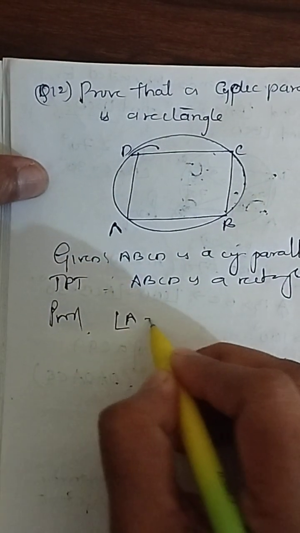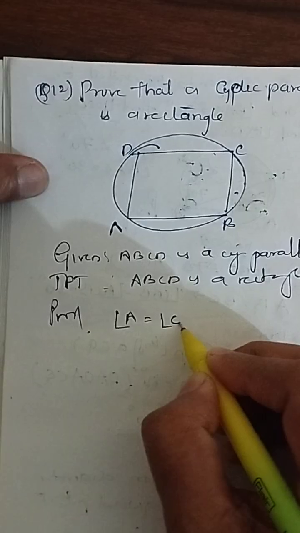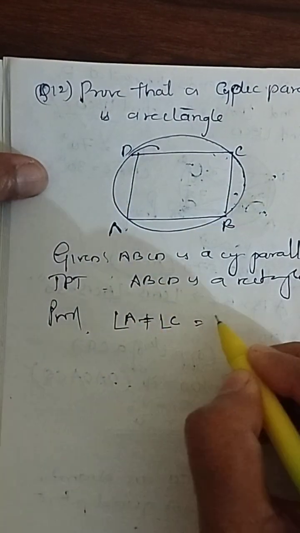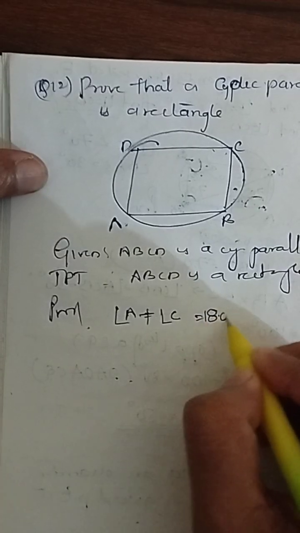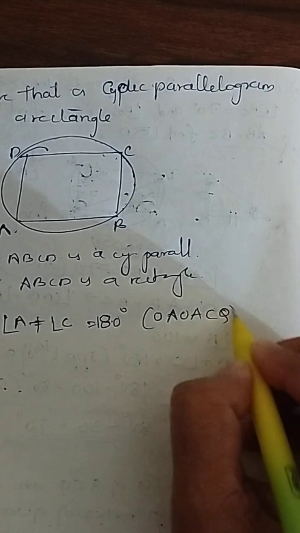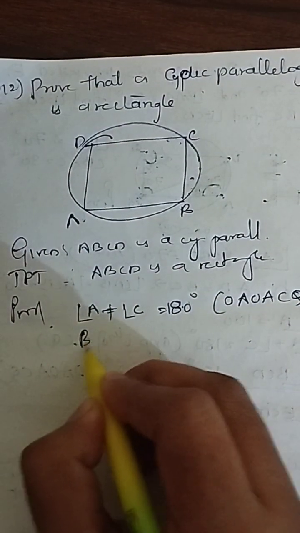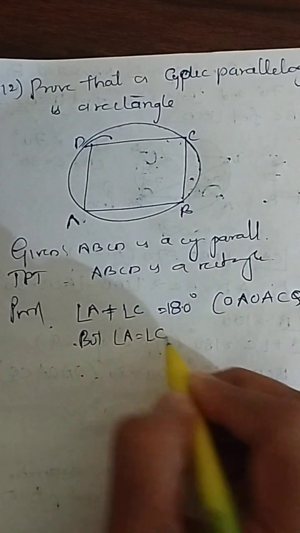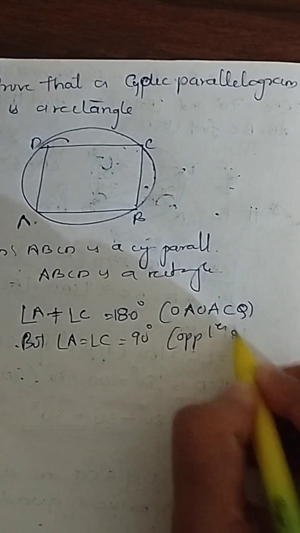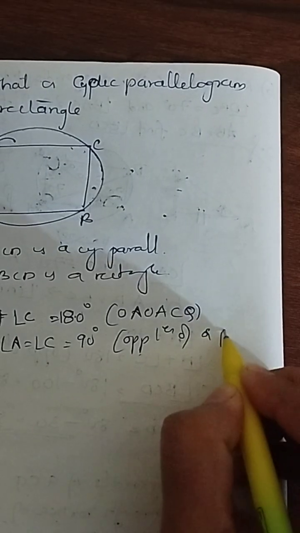See, angle A is equal to angle C. Angle A plus angle C is equal to 180 degrees, opposite angles of a cyclic quadrilateral. But angle A is equal to angle C, because they are opposite angles of a parallelogram.